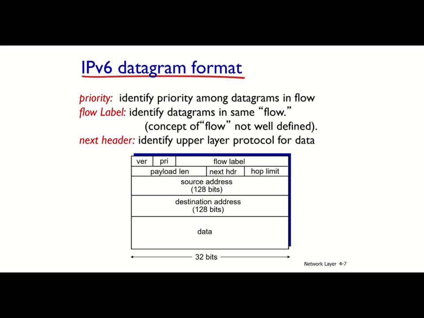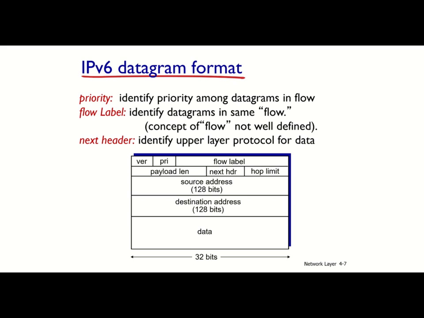so there's no need to worry about the address space size and the number of unique IP addresses anymore. Also, an interesting part of the header is the flow label. If you remember, there was no flow label in the IPv4 datagram header, but here in IPv6 we identify the datagrams that are going in the same flow by a flow label.